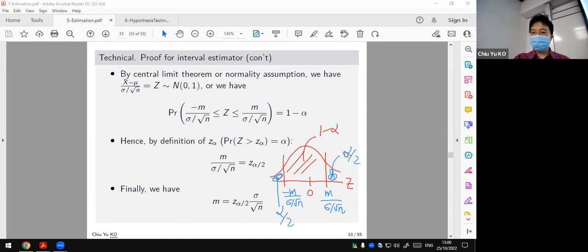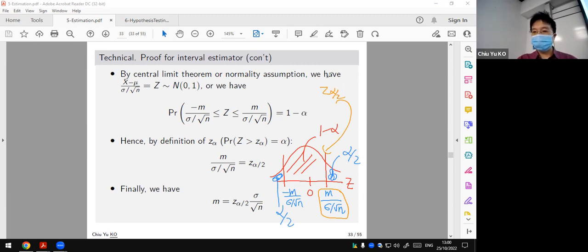So in our notation, when the right hand tail is alpha over 2, this number is Z of alpha over 2.